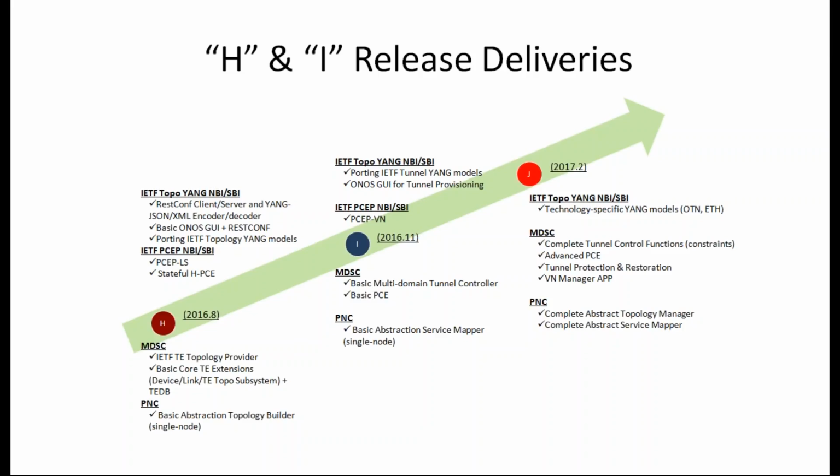We'll be able to ask a user to specify explicit constraints like the exact hops in the topology to use, and the exact resources, and also constraints like diversity, SRG, and other constraints. And we'll also demonstrate the function for tunnel protection and restoration across multiple domains.